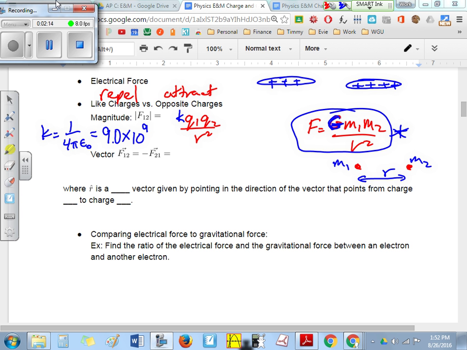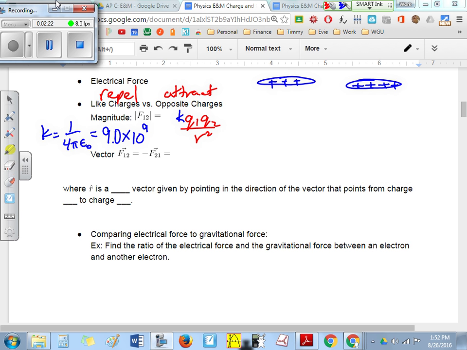And if you must know the units on K, you can figure those out because you have newtons on the left, right? And then you have this mystery K here. You don't know the units of K yet. But then here you have charge units. And for charges, by the way, we use coulombs.